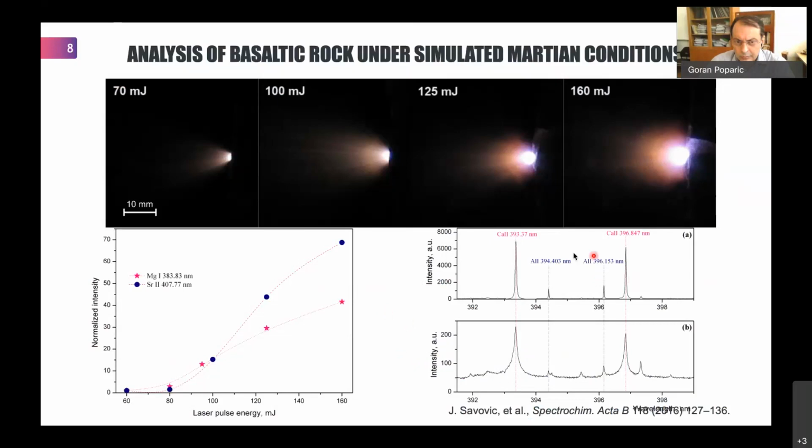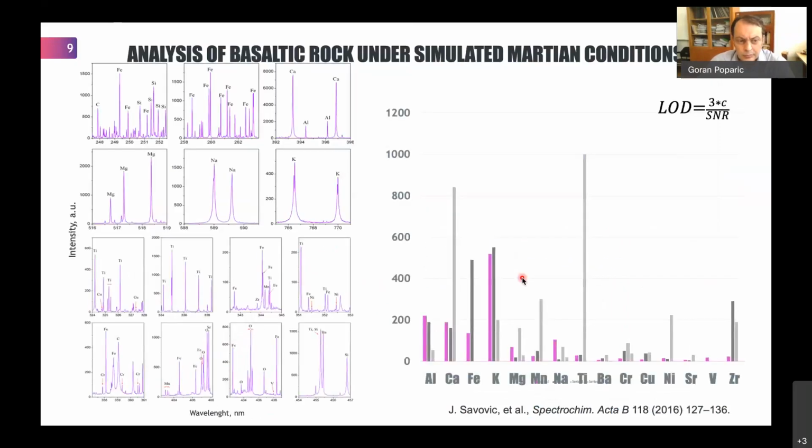As you see, the better signal to background ratio was achieved at this location, so other experiments will continue using these parameters. What we did next, we analyzed several spectral ranges, detected many elements, major and minor, and we wanted to compare our results to the results reported in literature obtained by other authors under simulated conditions.